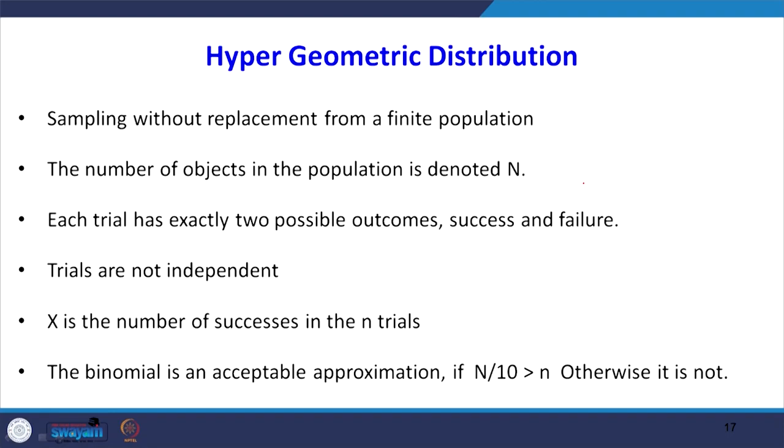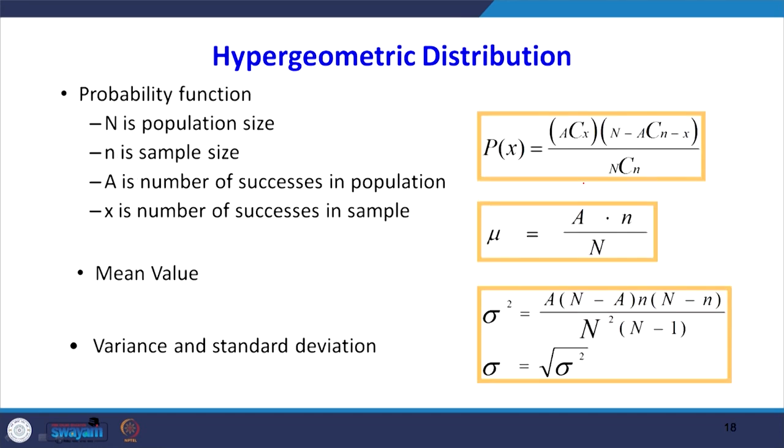The binomial is an acceptable approximation if capital N divided by small n is greater than or equal to, otherwise it is not. Then we will see the probability function. If it is discrete, we will use the probability mass function. If it is continuous, we will use PDF, probability density function. So, the probability mass function is p of x equal to ACx times N minus A C n minus x divided by capital NCn.